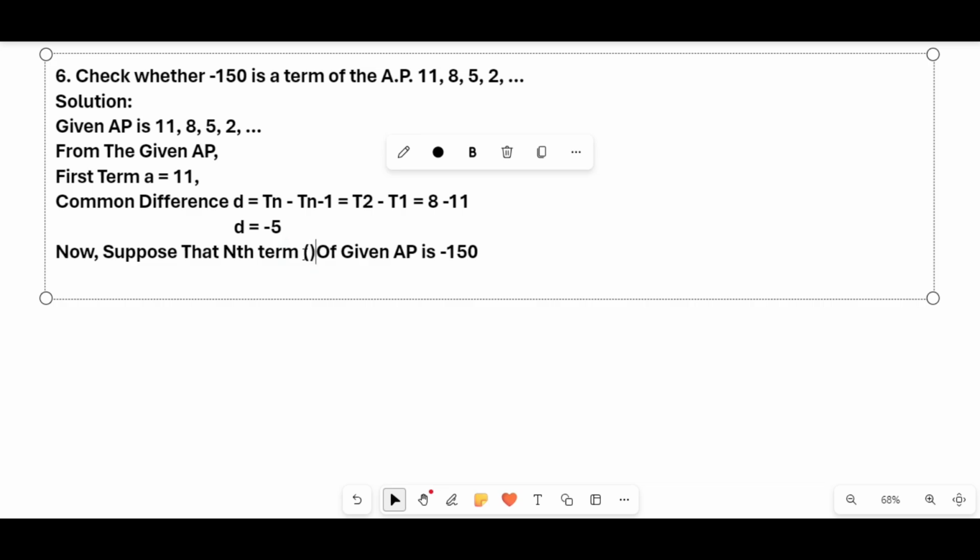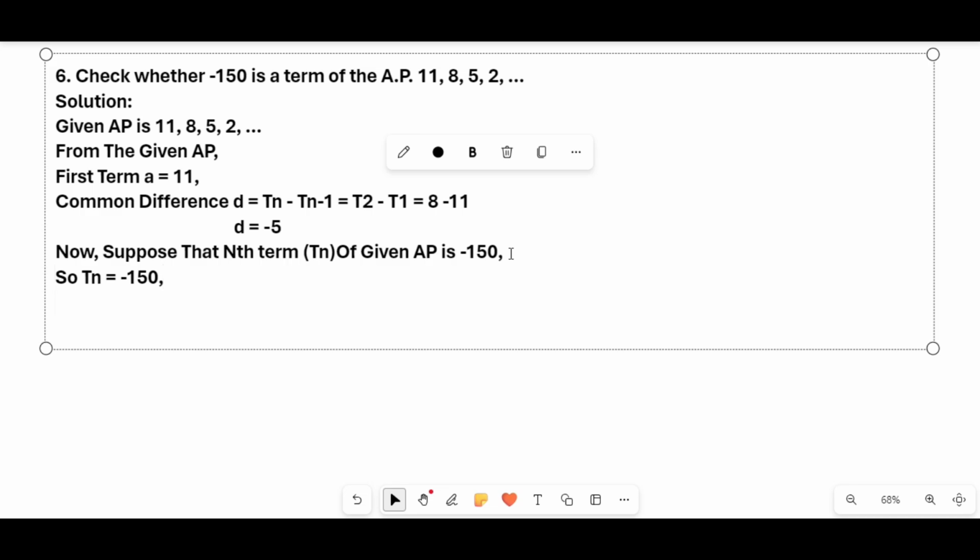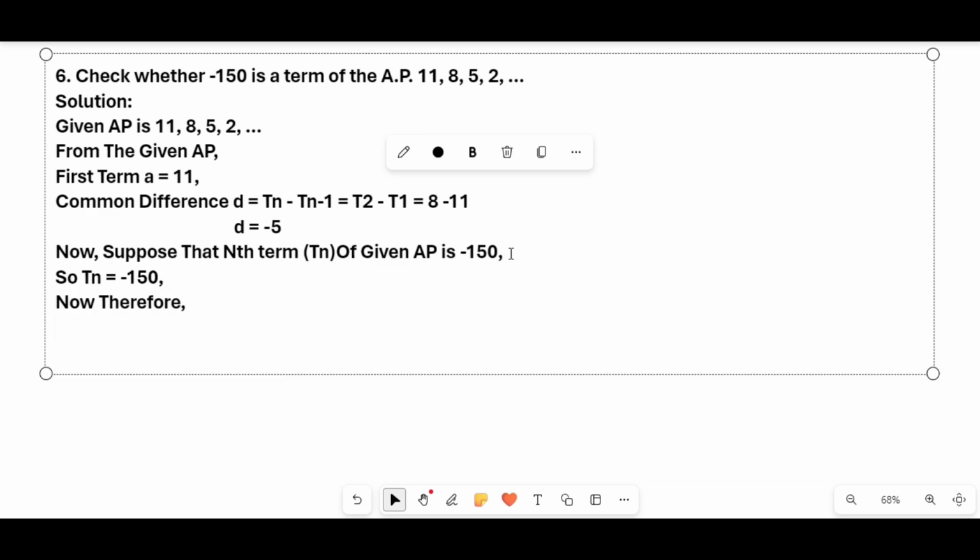We can denote the nth term by Tn. So Tn is equal to minus 150. Now for Tn is equal to a plus (n minus 1) into d, by the formula.